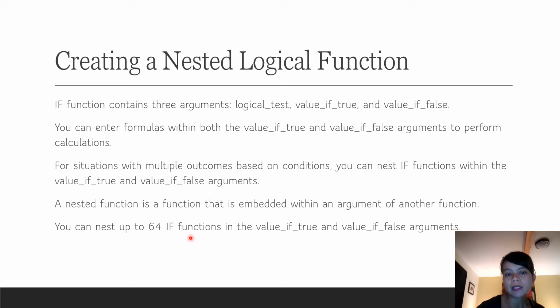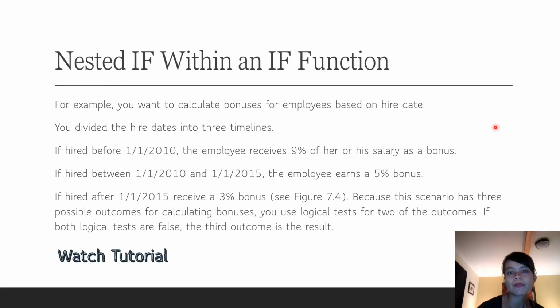You can nest up to 64 IF functions in the value if true and value if false arguments. So, for example, if you want to calculate bonuses for employees based on hire date, and you've divided the hire dates into 3 timelines. If hired before January 1st, 2010, the employee receives 9% of the salary.